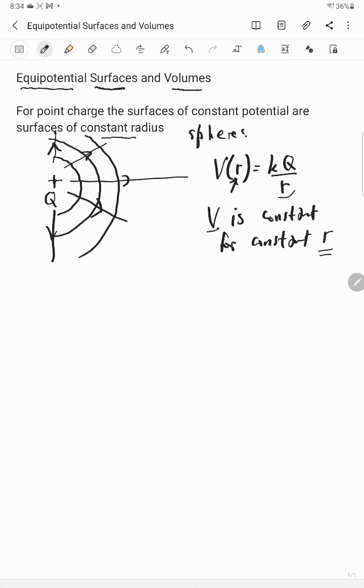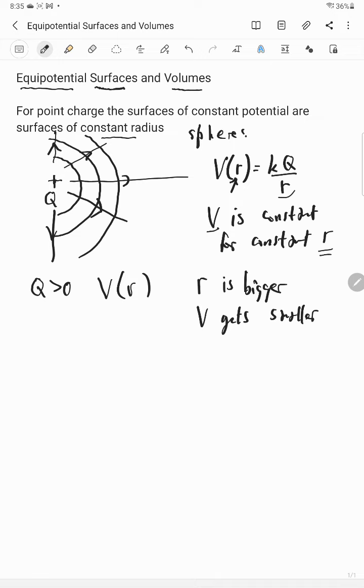But we can say a little bit more. You notice that V of R, and this is for the case of positive charge, as R is bigger, right? So if you consider going further and further away from the charge, so bigger and bigger radii, V gets smaller, right?